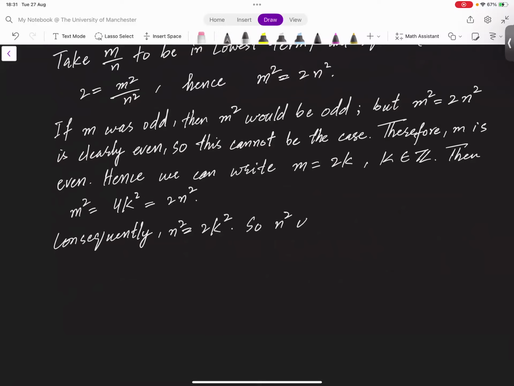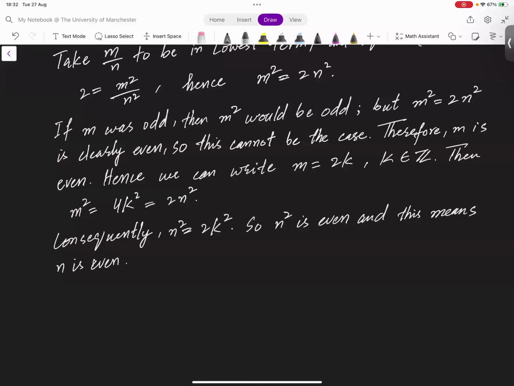So n square is even, and this means n is even. Now we have shown that both m and n are even. However, this means that the fraction is not in lowest terms.